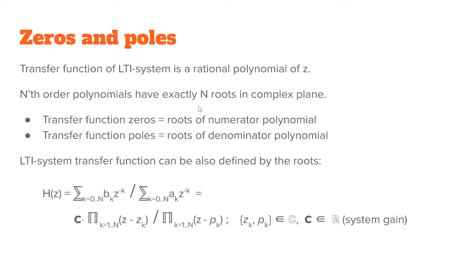Some constant, which is b0 divided by a0, which is the common multiplier, times the product of k from 1 to n of z minus zk, divided by the product of k from 1 to n of z minus pk.